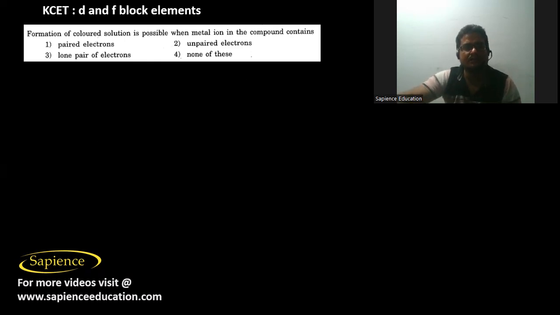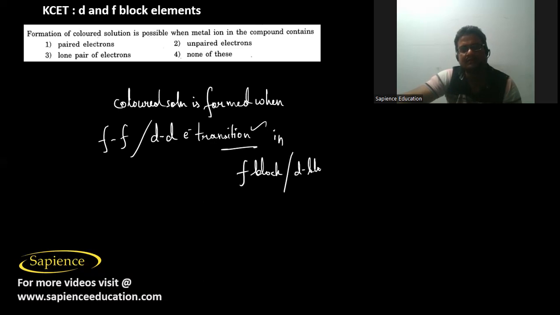Then, the formation of colored solution is possible when the metal ion in the compound contains unpaired electrons. As we know, a colored solution is formed when d-d electronic transition or f-f electronic transition happens, either in the F block elements or in the D block elements.